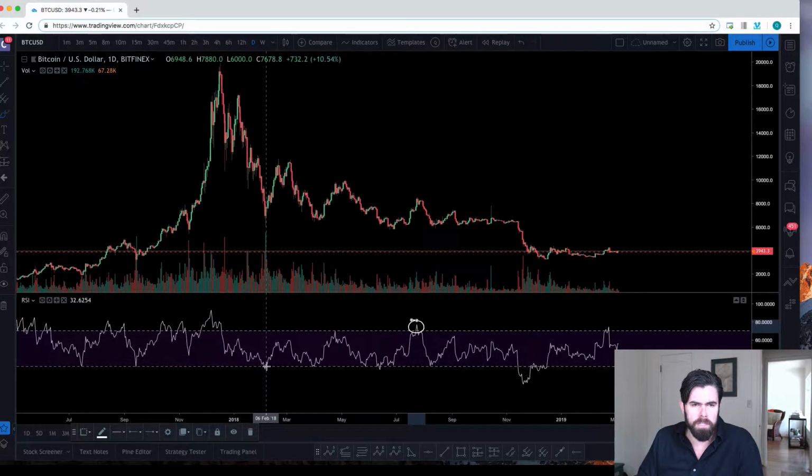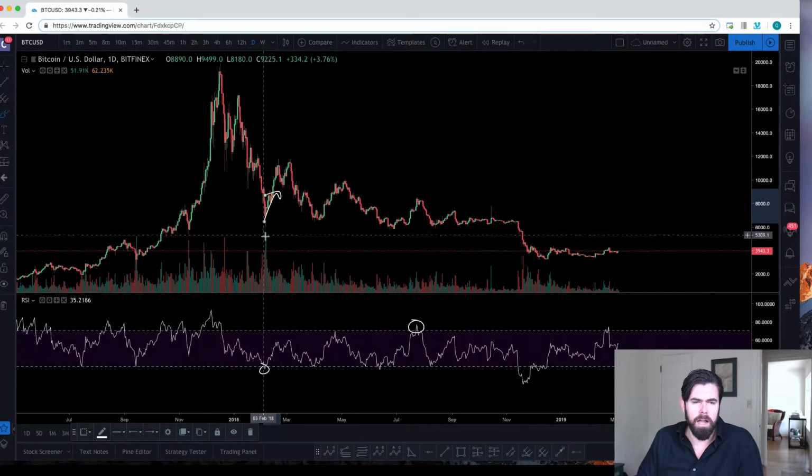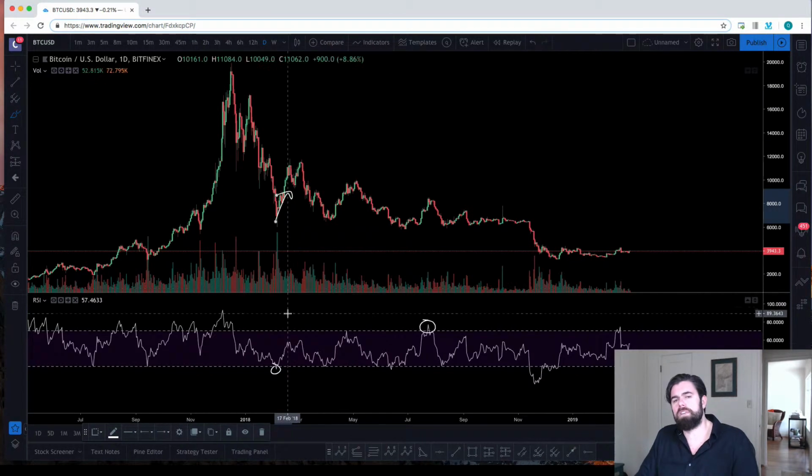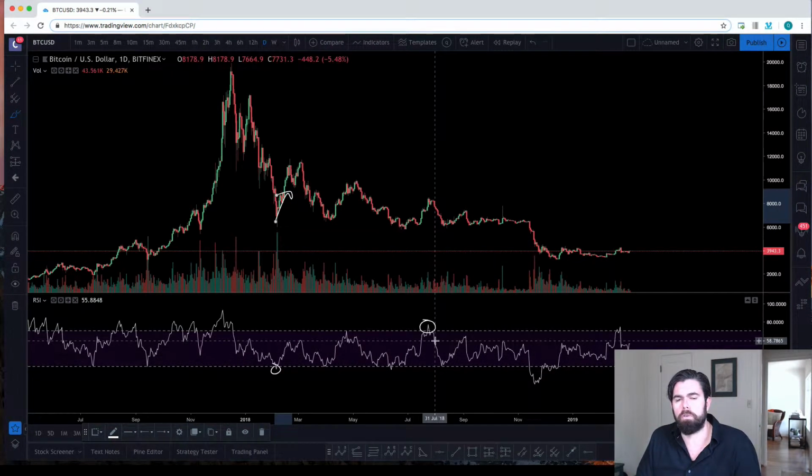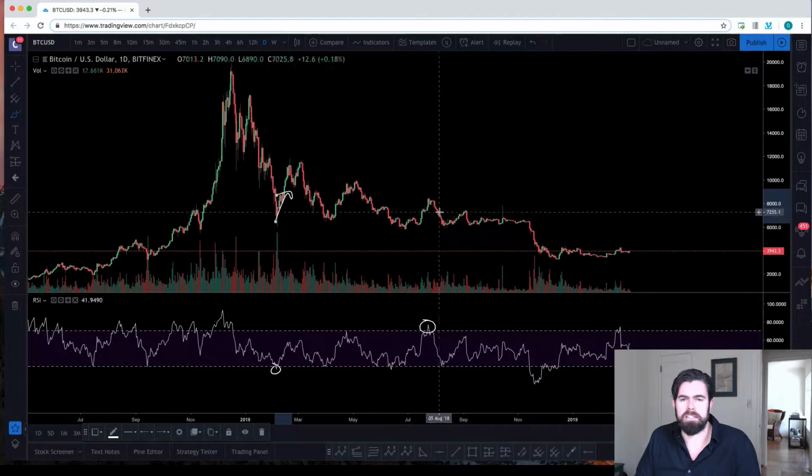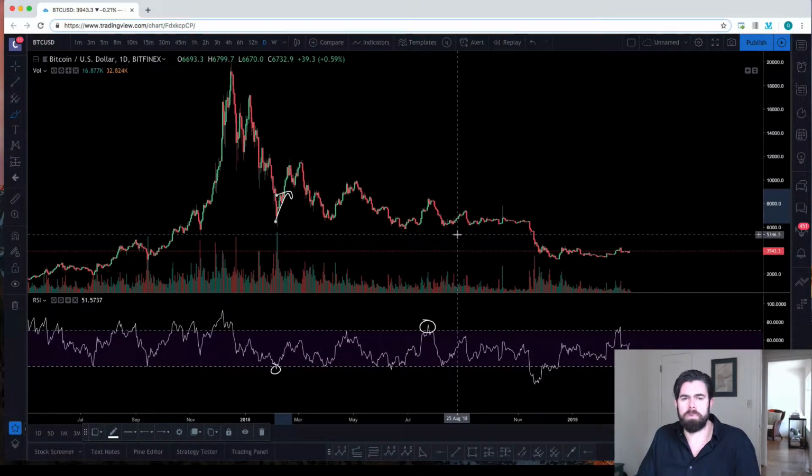We were oversold here, and the buyers came in and pushed the price back up. So almost think of it like when it gets overbought or oversold, the price itself is losing momentum, and there's going to be some kind of retracement. That's the basic idea behind it.